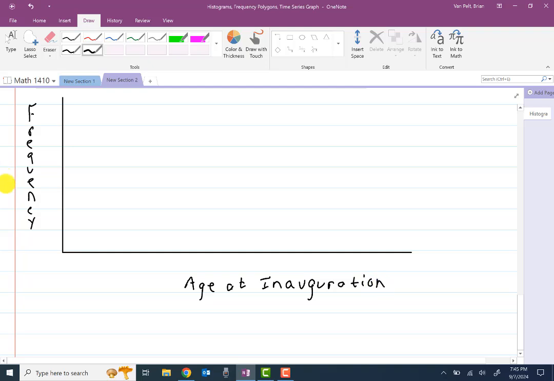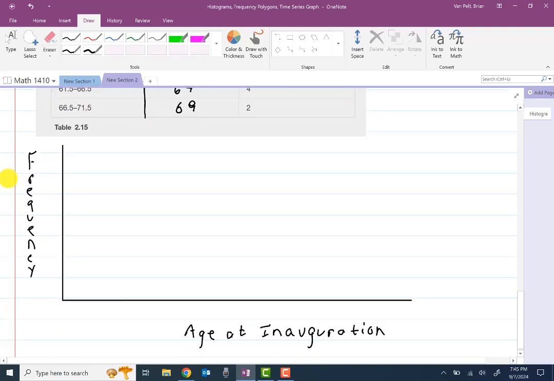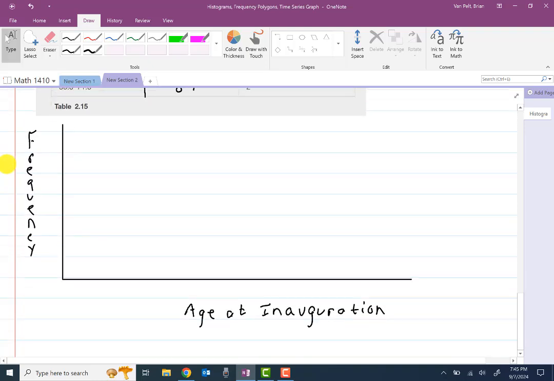And the largest of my frequencies is 14. Let me check, we'll make sure, yes, 14. So I might be able to go by twos again. Let's try 2, 4, 6, 8, 10, 12, 14. It looks like I've made it.